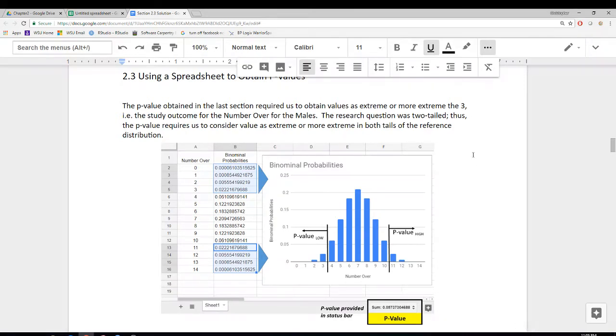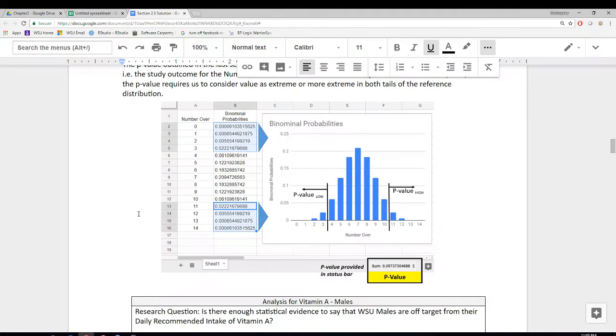So from the previous section, we looked at the probability values for 3, 2, 1, and 0. Those values would be as extreme or more extreme on the lower end. And then values as extreme or more extreme on the upper end are going to be 11, 12, 13, and 14.